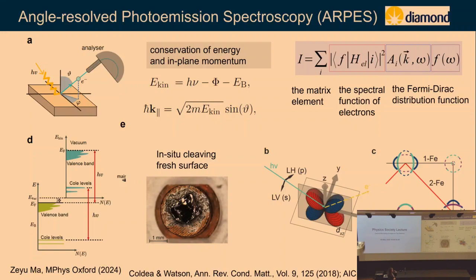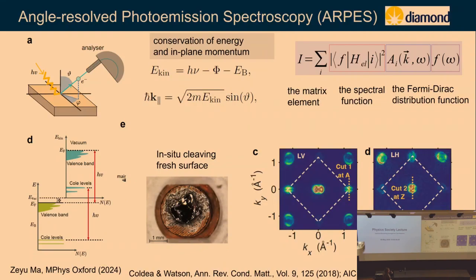It depends on the coupling between the light and the type of orbitals present in your material. So that's called the matrix element effect. It will depend on the Fermi-Dirac distribution. Often the experiments we do are at a very low temperature to be able to see very sharp bands, and also on the spectral function of the electron and the type of excitations they have.